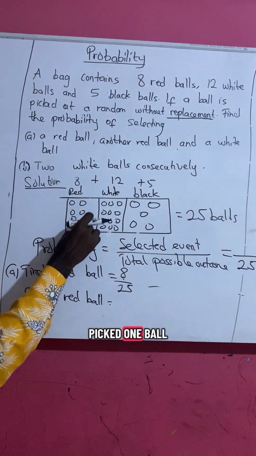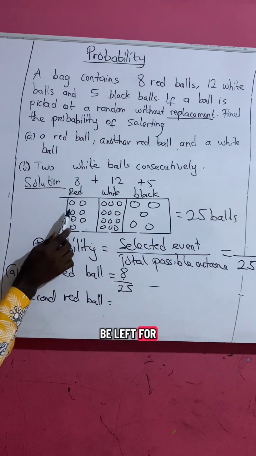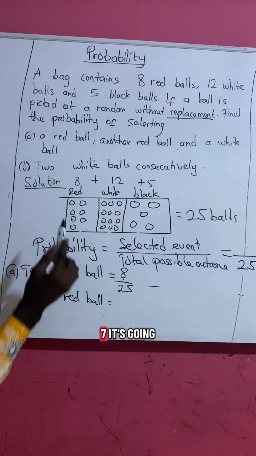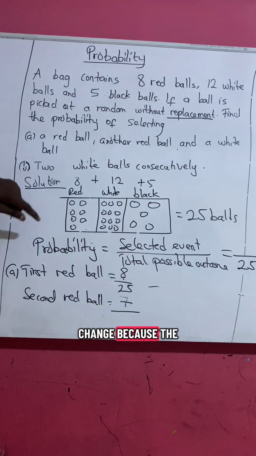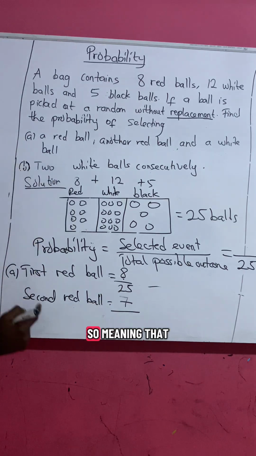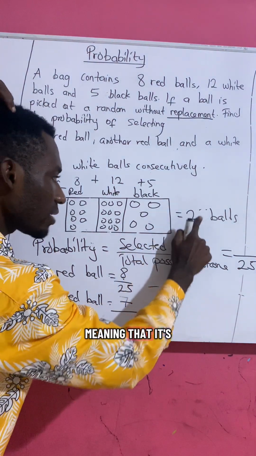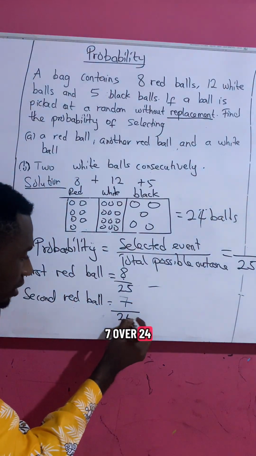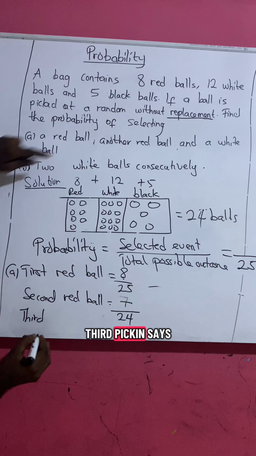So if 1 ball goes off, how many balls are left for my red at the second pick? 1, 2, 3, 4, 5, 6, 7. It's going to be left with 7. And my total is going to change because in the first picking I picked 1, so it's not going to be 25 again. Have you seen the clue? It's going to be 24. So my second pick is 7 over 24. Exactly.